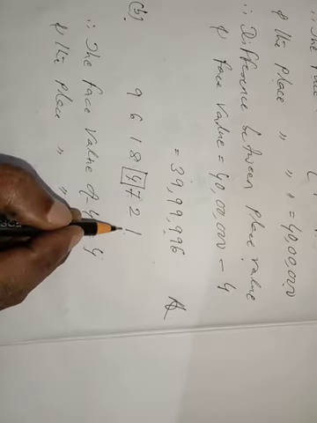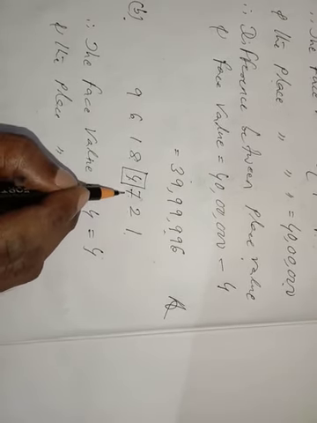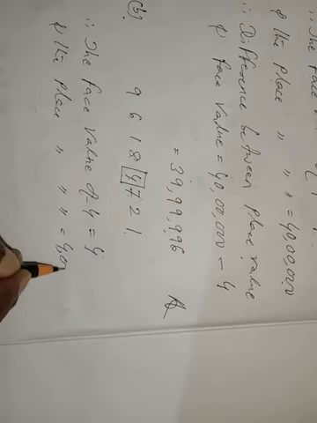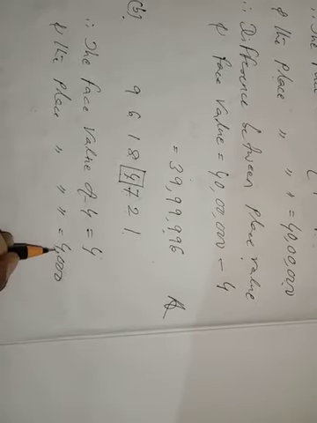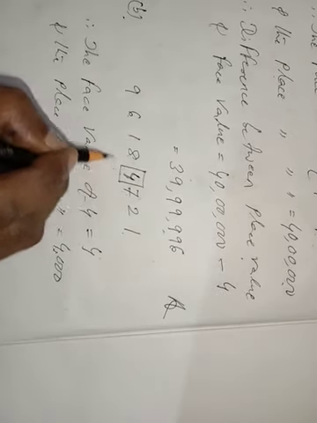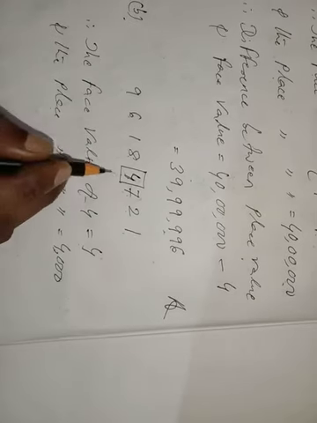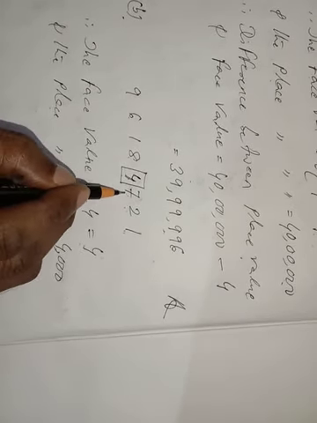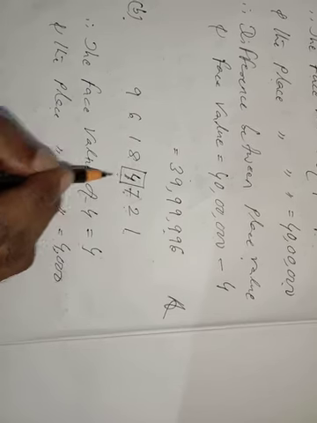Ones place, tens place, 100, 1000, which will be 4000. This is called place value and this is called face value. Face means only the face. What is the face? 4. That I have to write. Place means position of 4. Where? Ones place, tens place, 100 place, 1000 place means 4000.